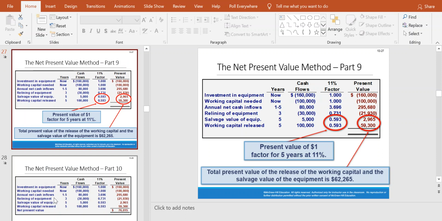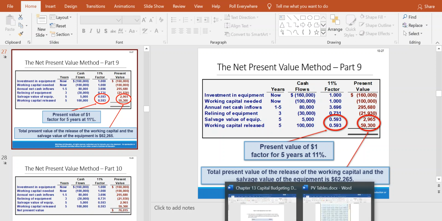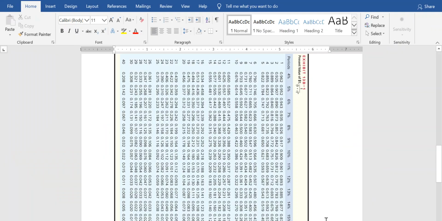So what is the salvage value of the equipment? Well, they're telling us it's $5,000, but that salvage value will occur 5 years out. So this is a one-time event. So we go back to this table and we look at the present value of $1 at 11% for 5 years.